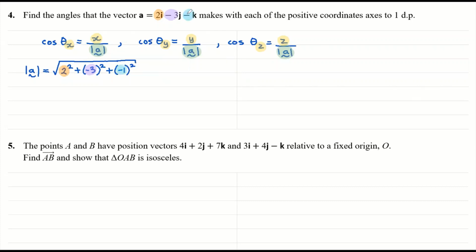All right, so you should be familiar with that now. So we just evaluate this. This is going to be the square root of 4 plus 9 plus 1, which is simply going to be root 14. Okay, and we won't need to rationalize any of this. We're just going to plug the root 14 in.